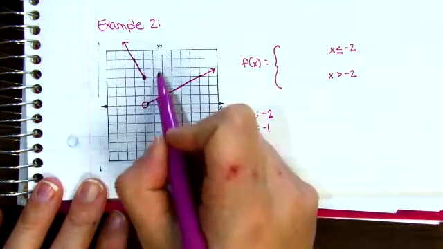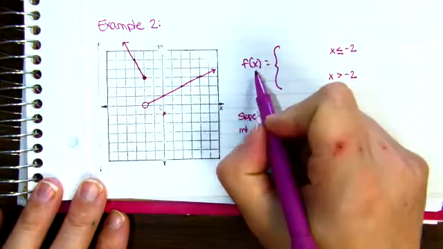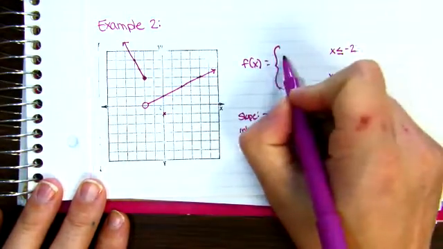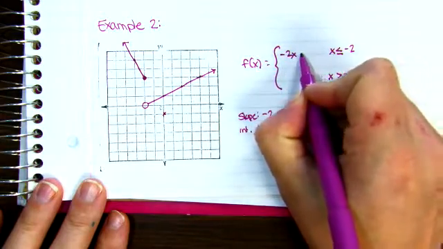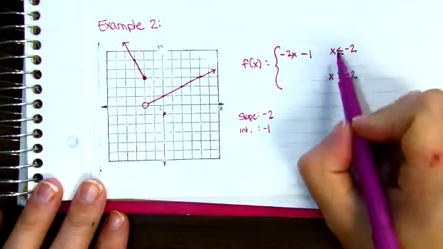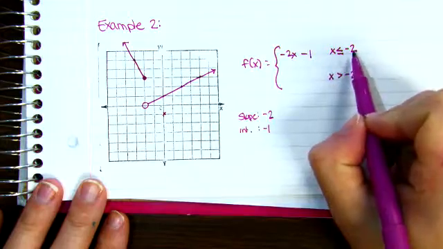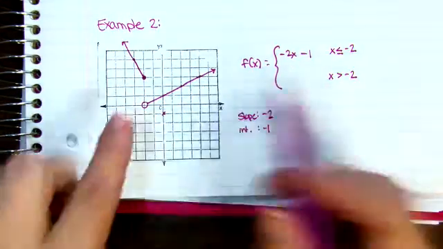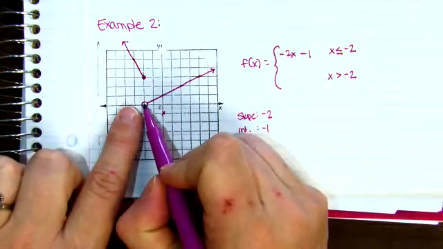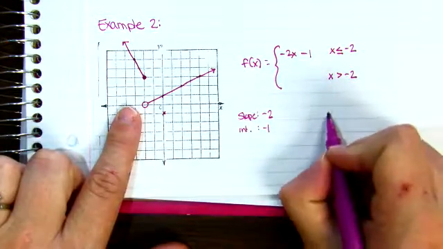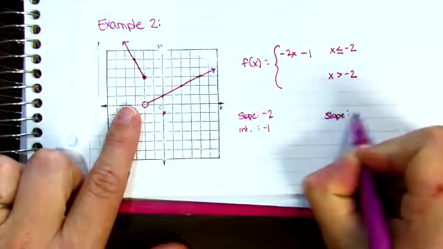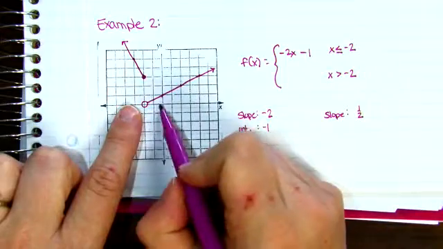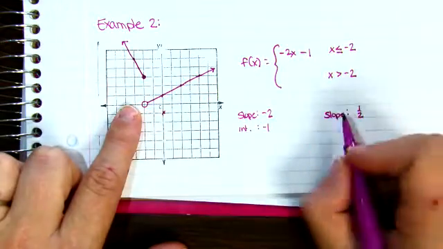So the equation for this piece is going to be f of x equals -2x minus 1, but that only applies when x is less than or equal to -2. Then I look at this piece, and I see I go up 1 over 2, so my slope is 1/2, and here I can see that my intercept is 1.